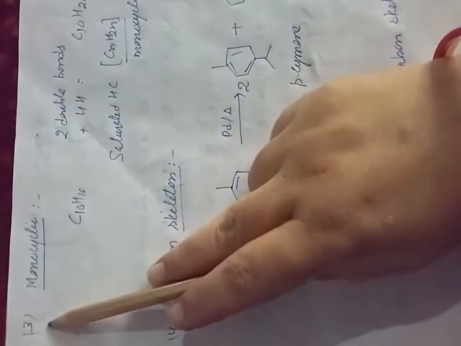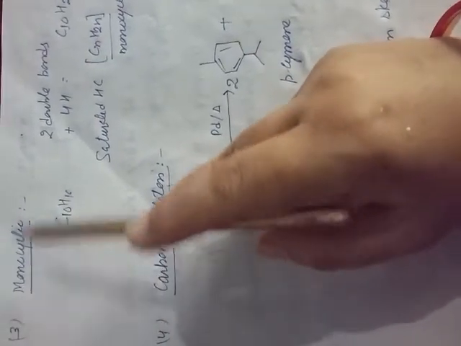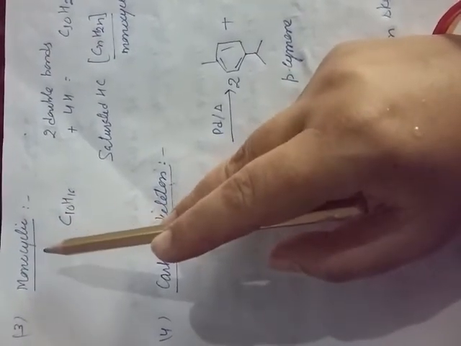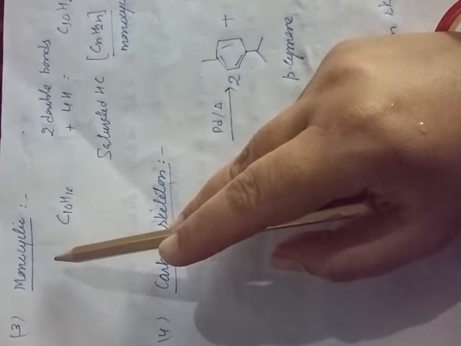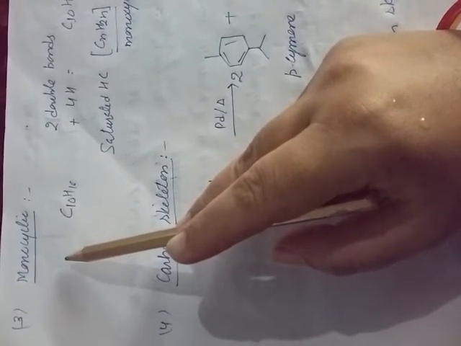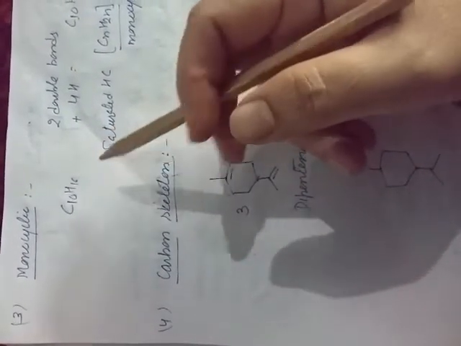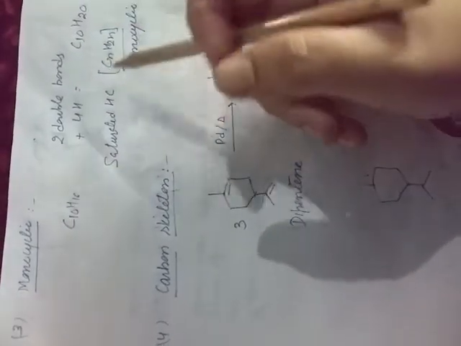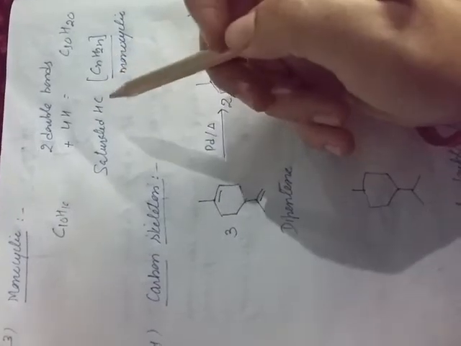The third point: this is monocyclic in nature. How can we say that limonene is monocyclic? In the introductory portion of terpenoids, we already read that if we convert the molecular formula of a compound to its saturated hydrocarbon form, then we can see the general formula and conclude whether the compound is acyclic, monocyclic, dicyclic or tricyclic.